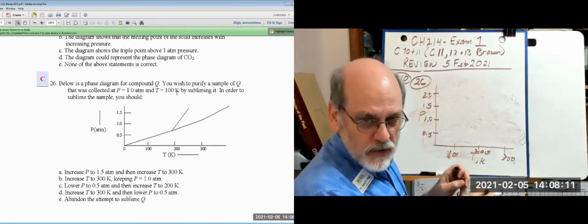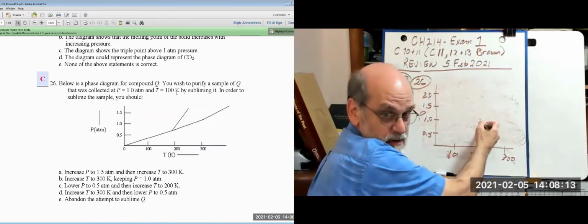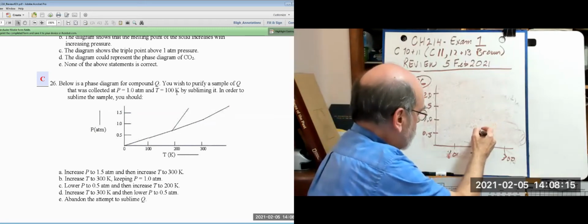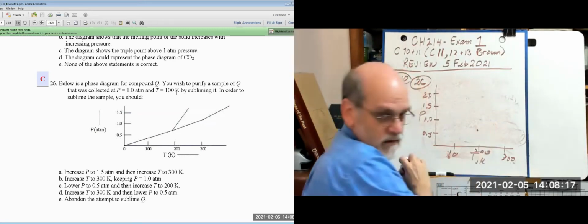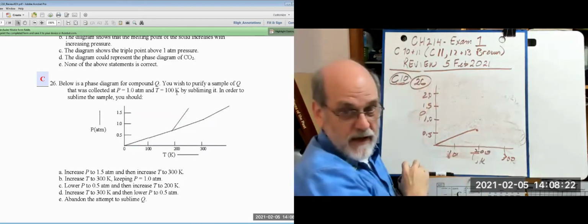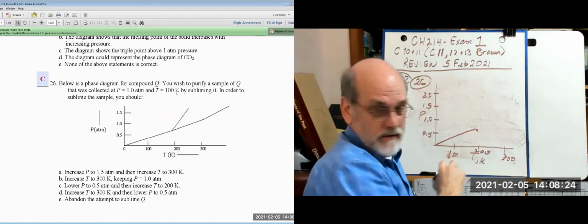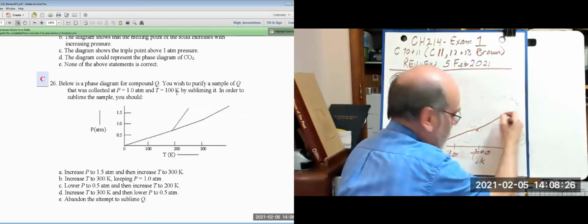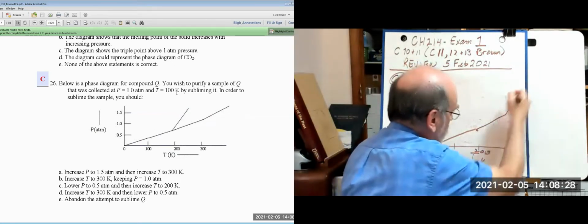Okay, now for our diagram. It goes up to about here, right about there, from 0. Okay, then it continues on at almost the same slope, like that, and then like that.